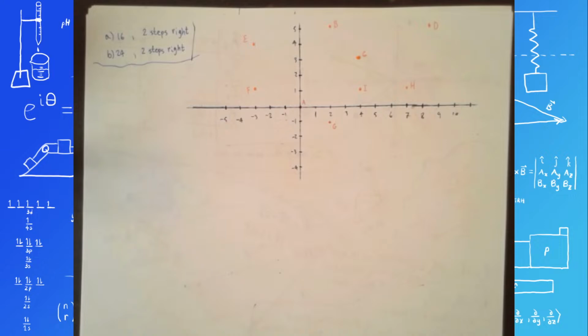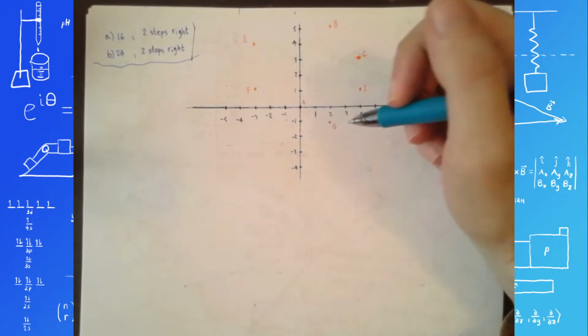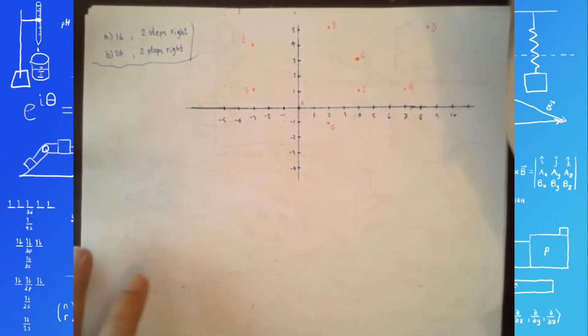And then the other person goes C to I to F to E to G. There's 1 point in common between those two routes, so I think I'm good.